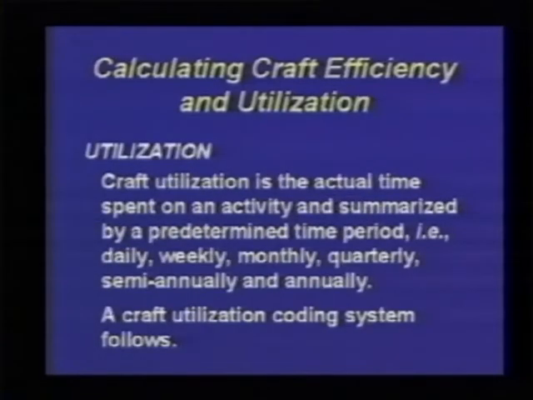And then the utilization is really a compilation of the total time on a job. And we could continually add all of the times on all of the work orders, and then we can compare that to the available capacity or net available capacity of the craft person to determine how well we are utilizing that total capacity that is available per craft person.